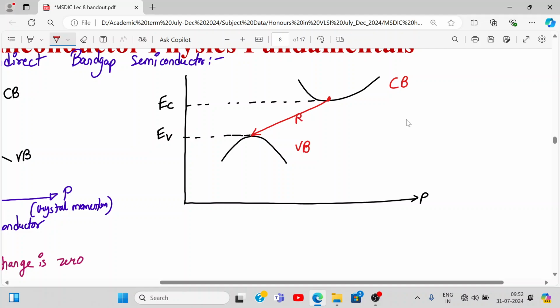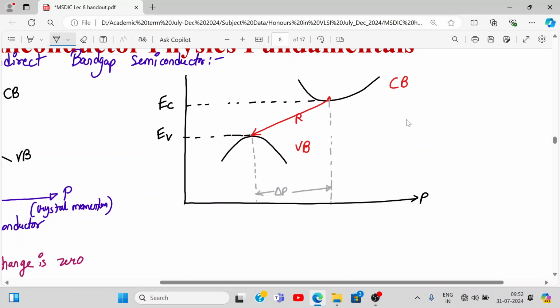This is recombination, right? Is there a shift in momentum while the carriers are recombining? Yes. How much is the shift in momentum? Delta P. And I just showed you above, indirect recombination and generation happens, right?